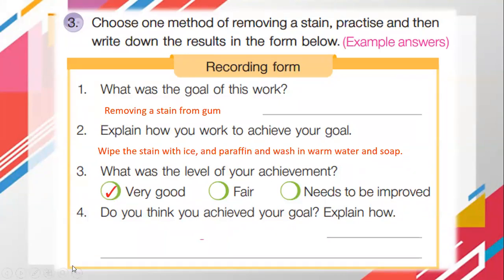Do you think you achieved your goal? If we follow this way, of course we achieve our goal. Yes, the stain of gum can be removed and our clothes will be usable for a long time.